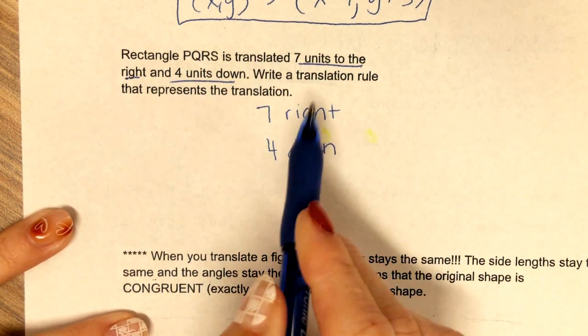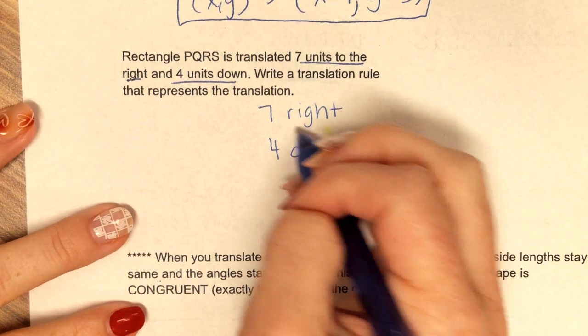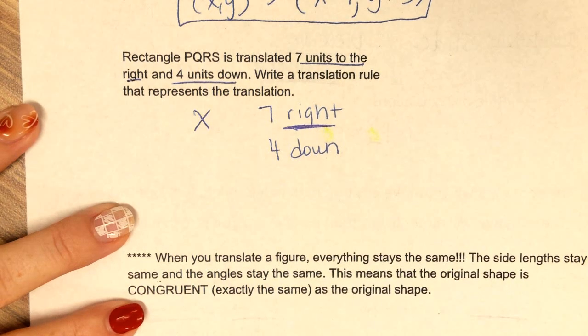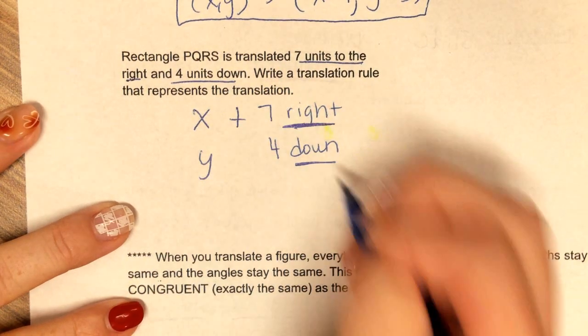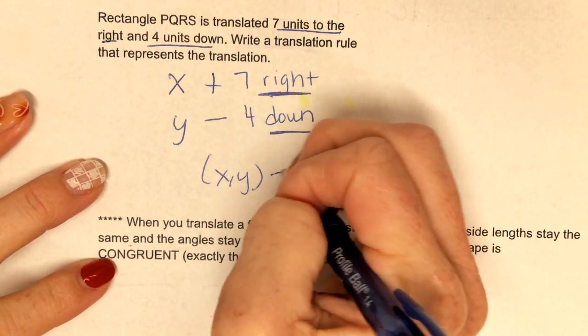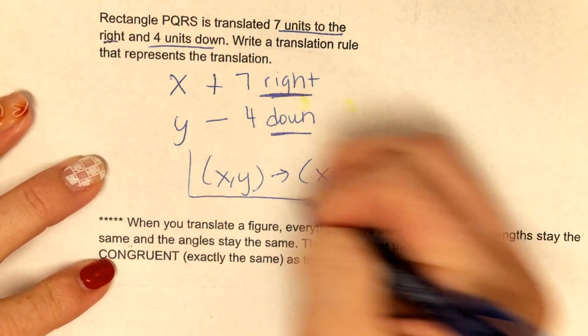Did everybody write this down correctly? Which axis moves right? X. Is right plus or minus? Plus. Which axis moves down? Was down plus or minus? So I write my rule. Take my x and my y. X plus 7, y minus 4.